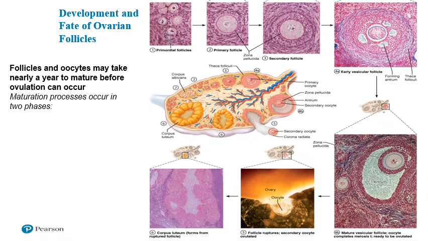So let's take a look at the development and fate of the ovarian follicles in microscopic view. The follicles and oocytes may take nearly a year to mature before ovulation can occur, and the maturation process occurs in two phases. Actually it's several steps but in two phases.